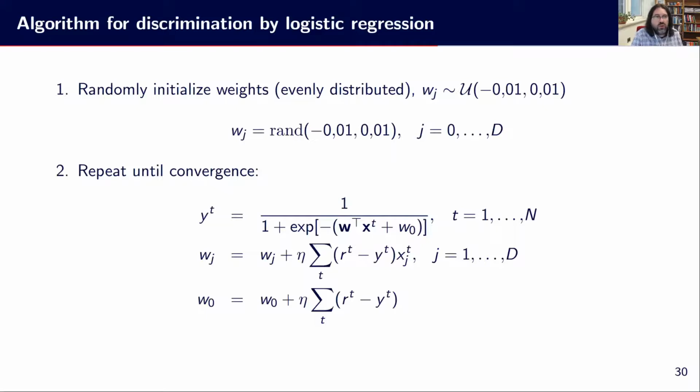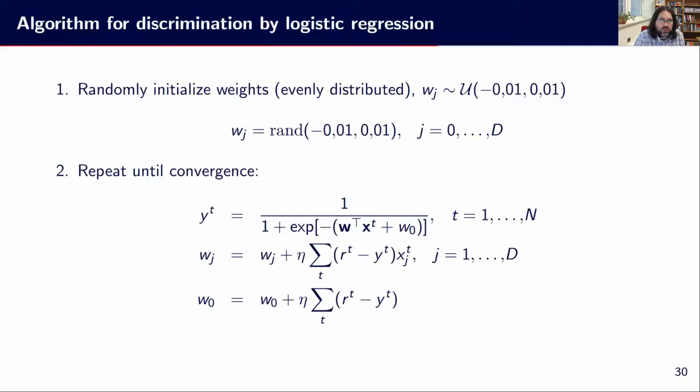This gives us a new algorithm for discrimination with logistic regression. So basically, we have the same pattern with a small difference. First, we randomly initialize the weights. But it appears that initializing the weights at 0 is not a good thing. It's not working well with logistic regression. So we need to initialize them to really small values.